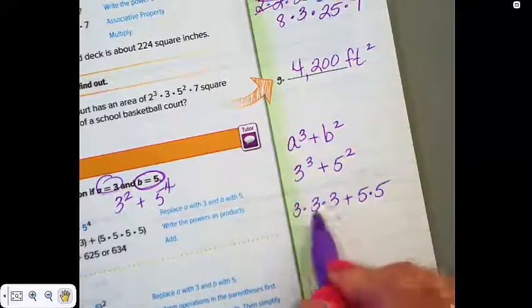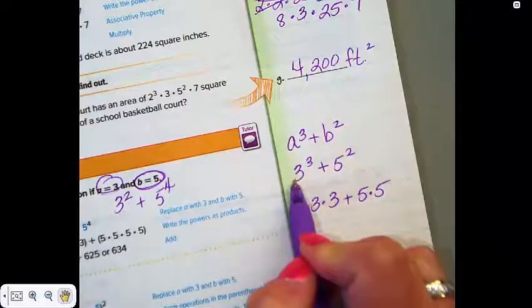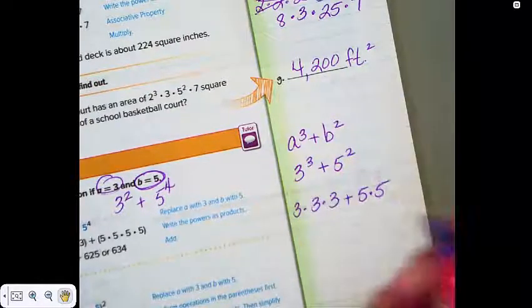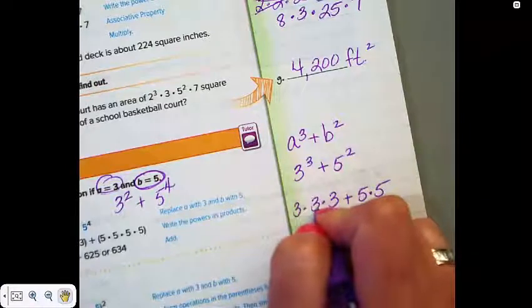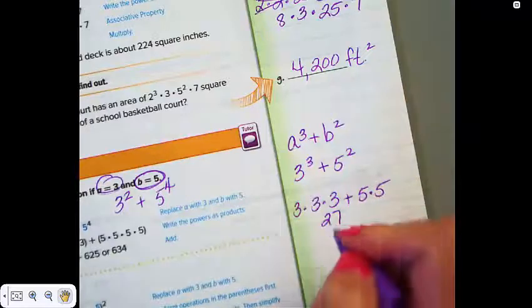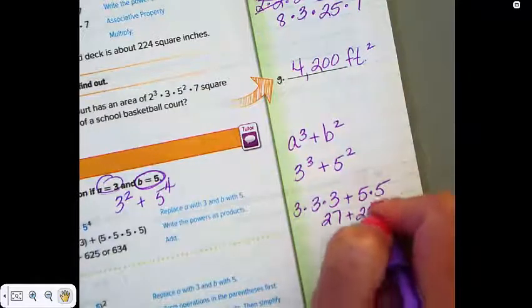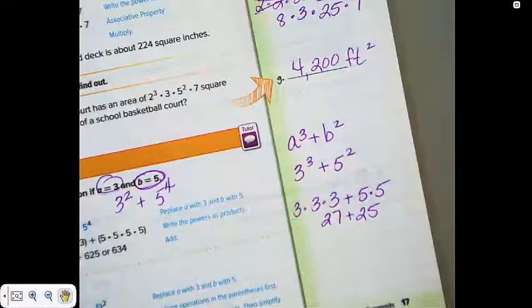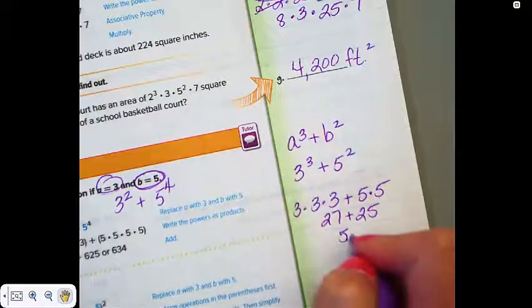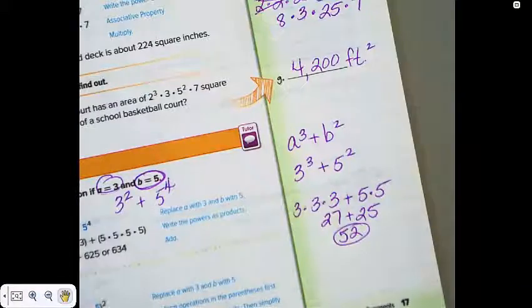I have 3 3's, and I have 2 5's. 3 times 3 is 9. 9 times 3 is 27. 5 times 5 is 25. So then I end up with 27 plus 25, which is 52. Okay? Let's see if there's another example.